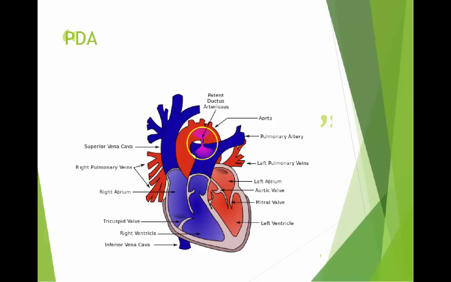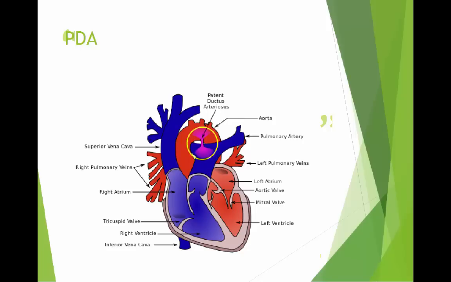Now let's talk about patent ductus arteriosus. It is persistence of the fetal connection. Remember, you have the ductus arteriosus, which is between the aorta and the pulmonary artery after birth, resulting in a left to right shunt.